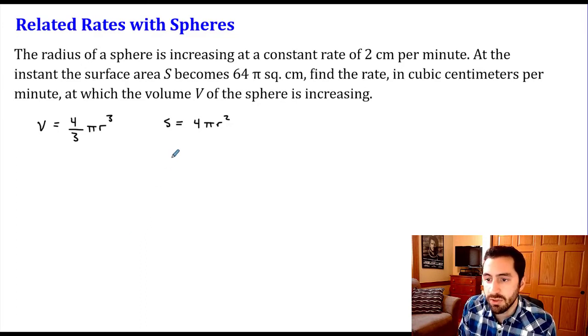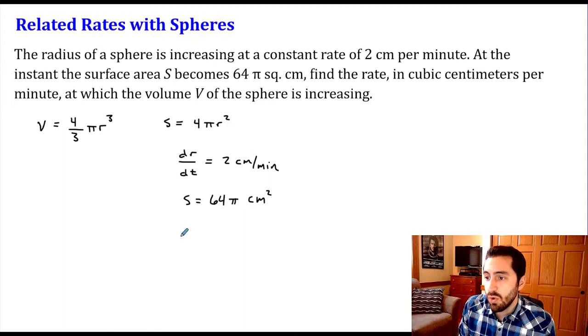So we have a couple different rates of change. We have the rate of change for the radius, so the derivative of the radius with respect to time. We know that this is increasing at a rate of 2 centimeters per minute. We are given that the surface area is going to become 64 pi square centimeters, so capital S is equal to 64 pi square centimeters.